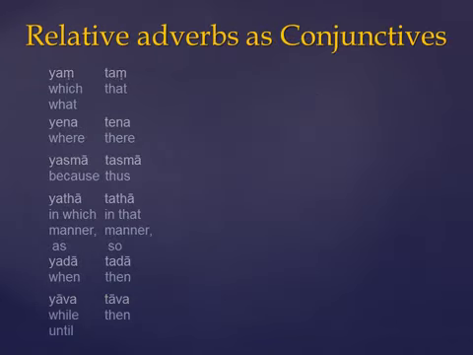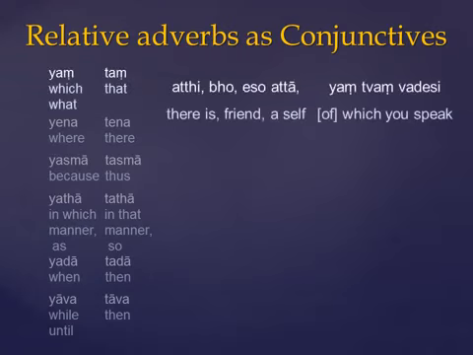An important point to note with relative adverbs is that they can act as conjunctions between clauses. For instance, ati bo eso ata, yang tvang vadesi. There is, friend, a self, of which you speak.